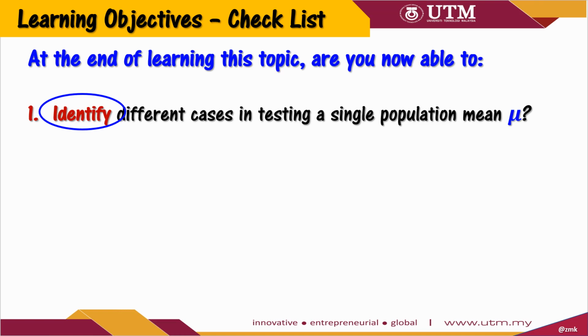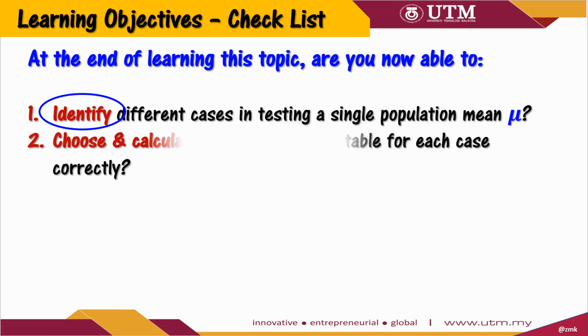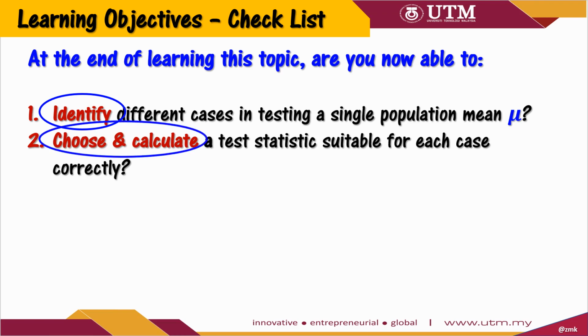What about the second learning objective? Are you now able to choose and calculate the chosen test statistic for each case correctly? Remember, cases 1 and 2 make use of z-test, whereas case 3 makes use of a t-test.